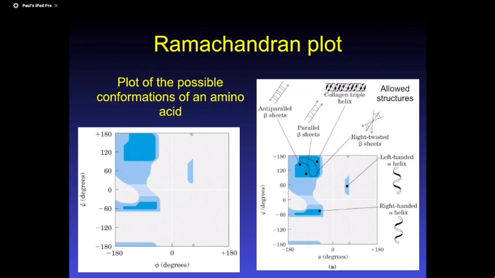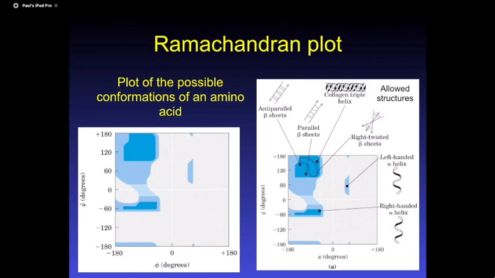Not all combinations of angles are available. We highlight and make darker the angles that are most often seen. These angles will represent certain types of folds that we see in proteins, and so they fall into certain categories.